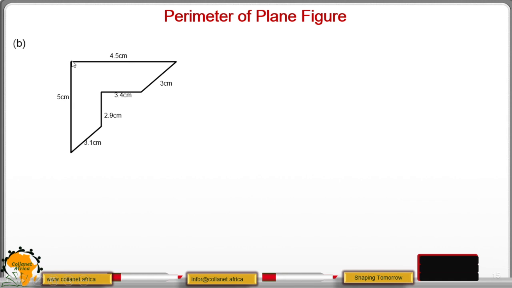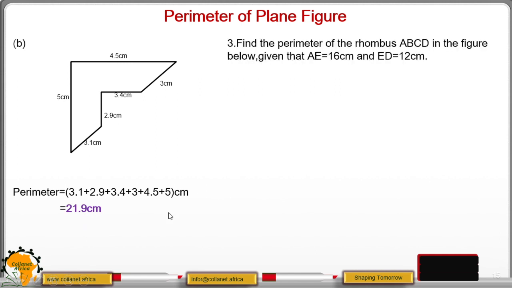So you start from one point and make sure that you get back there, that is, you go back to the starting point. So our perimeter will be the sum of all these: 3.1, we are starting here, 2.9, 3.4, then 3, then 4.5, and 5. And when you add all these, you get that the perimeter is 21.9 centimeters.